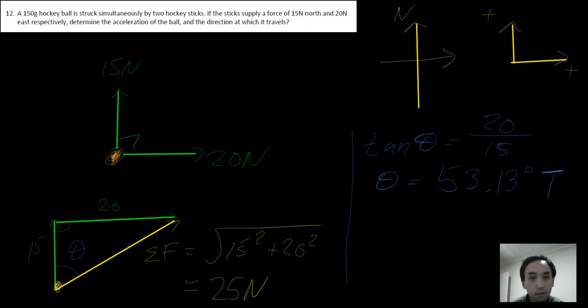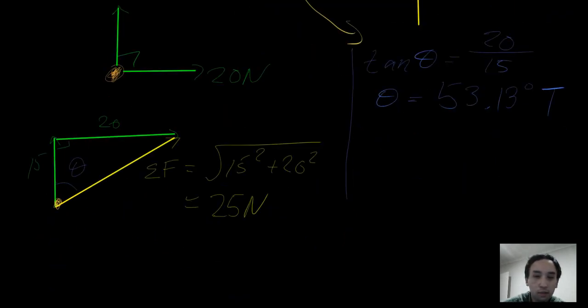Okay, and we haven't fully answered the question yet. We got the direction over here. Now the acceleration of the ball. So the acceleration of the ball depends on the magnitude of the force. And just finishing off the question here, we can use Newton's second law to help us work out what that is.